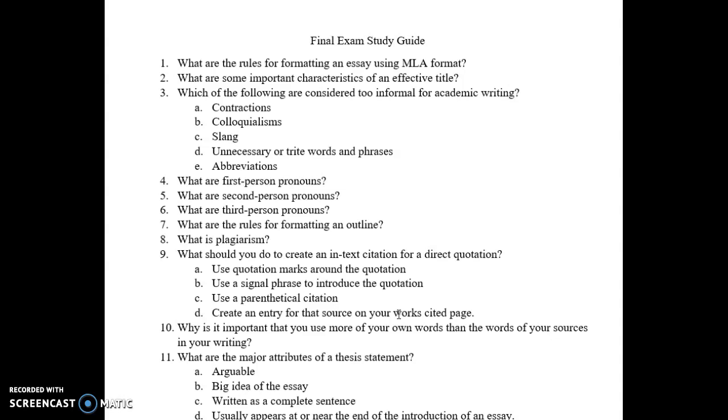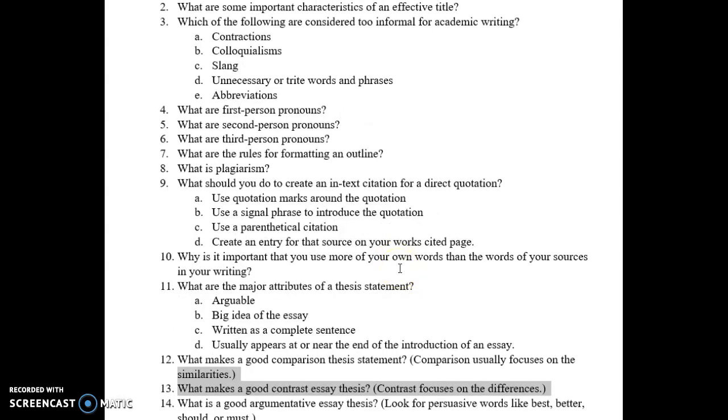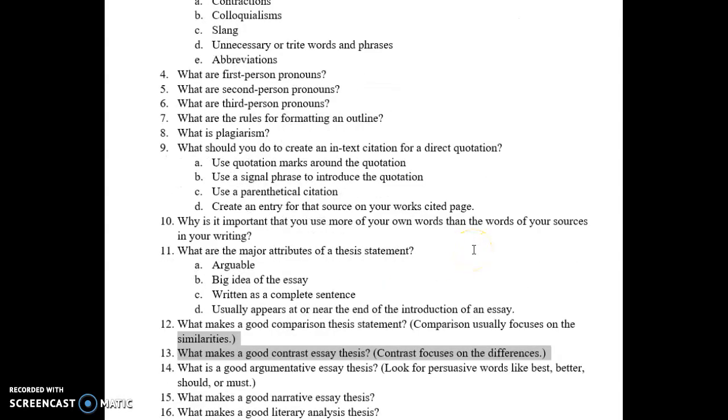You will use a parenthetical citation. The parenthetical citation will take me directly to the works cited page, and that source I should be able to find from what you have put in the parenthetical citation. So the works cited page will be the last page of your essay.